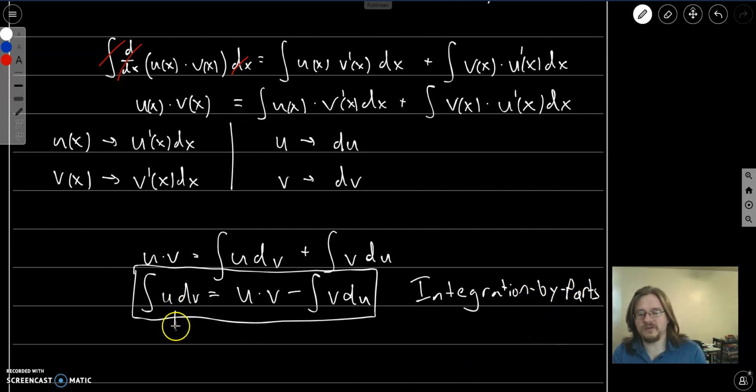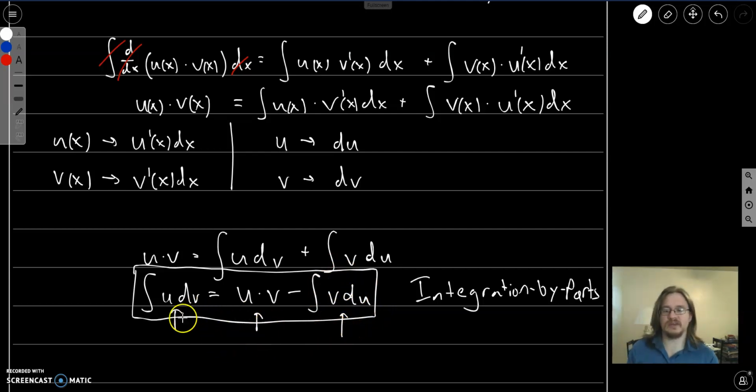So if we come up to some sort of integral that we're having trouble taking the integral of, taking the antiderivative of, one thing that we can do is try to use integration by parts. What you'll notice is that we have a part that doesn't have the antiderivative in it, but we do switch it around, so we do have some integral with an antiderivative in it as well.